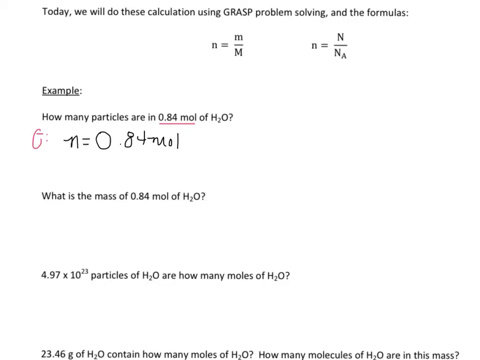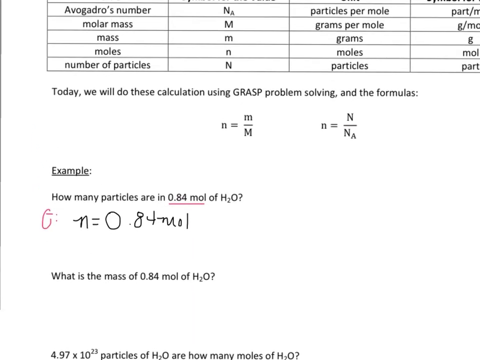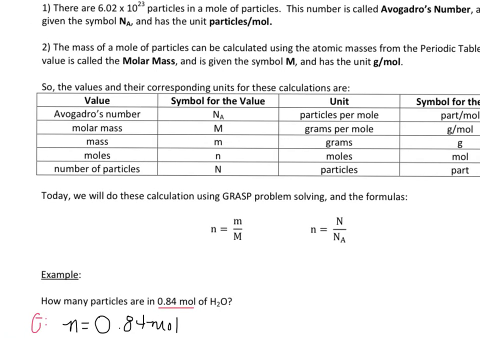The next thing I do is read the question, and I see that I need to figure out how many particles. So I look at my two formulas and think which of these two deals with particles, and it's important to think back to your chart. Well, what is particles? Particles would be represented by capital N. So which one of these deals with capital N? We've got capital N over here, so I'm going to be using this.